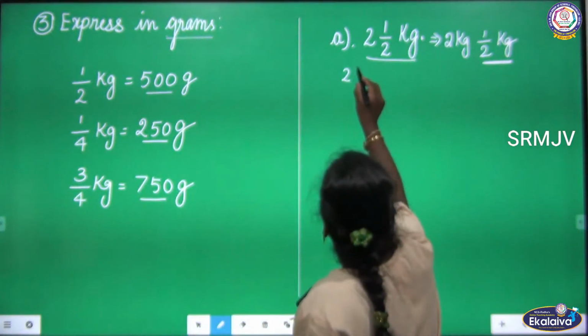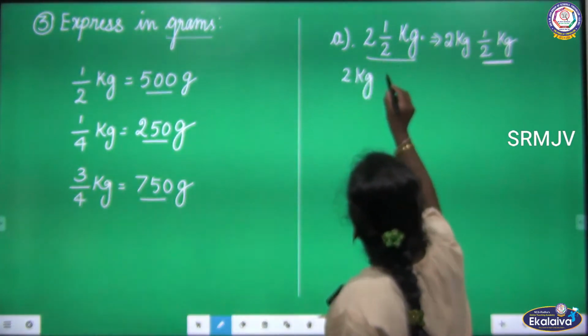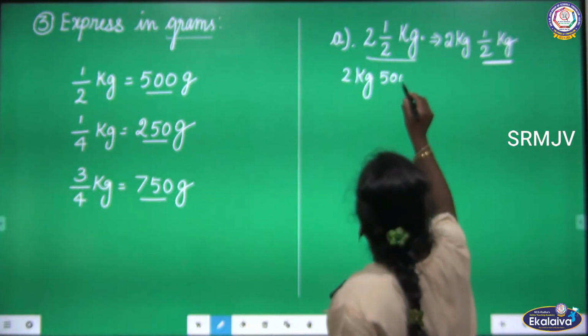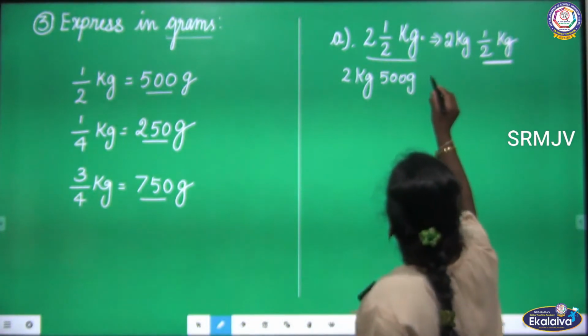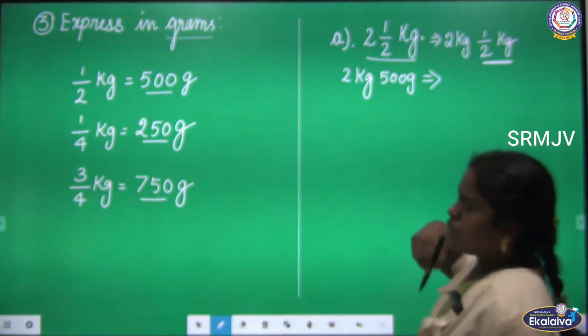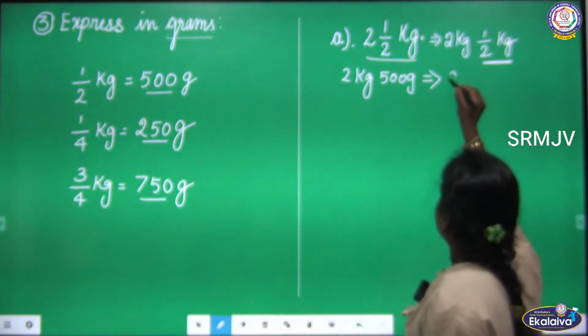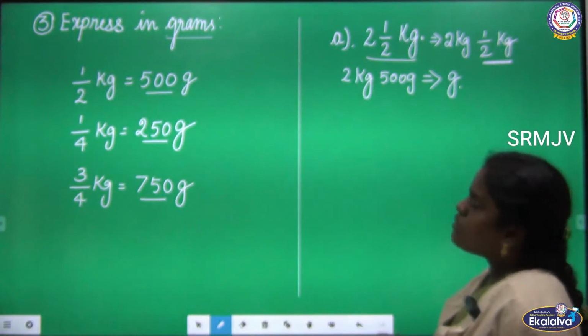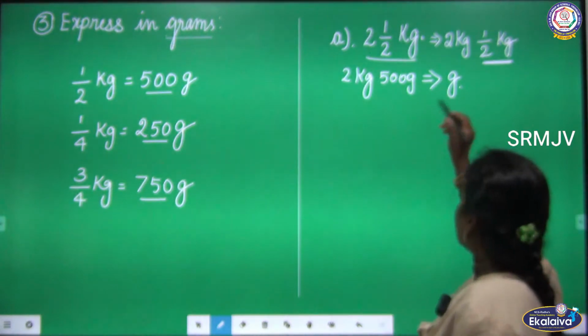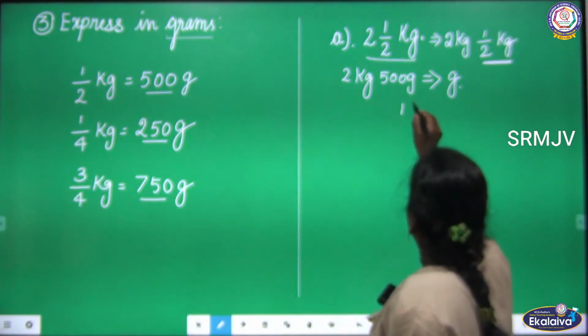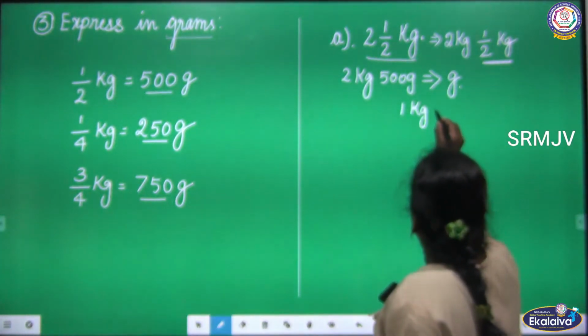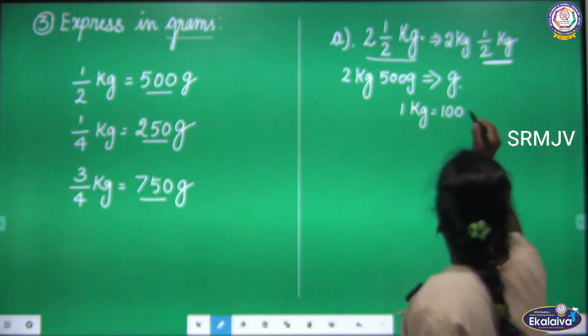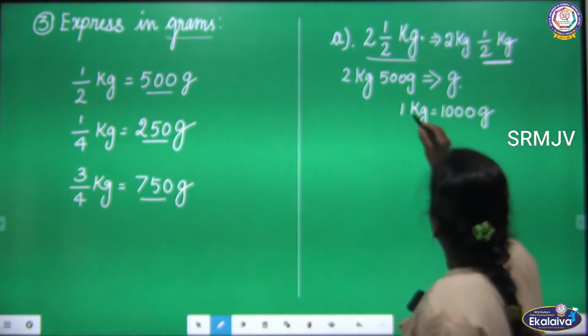So we can split this as 2 kilogram and 500 gram. So we are going to convert this into grams. So we know the formula to convert kilogram into gram. The formula is 1 kilogram equal 1000 gram.